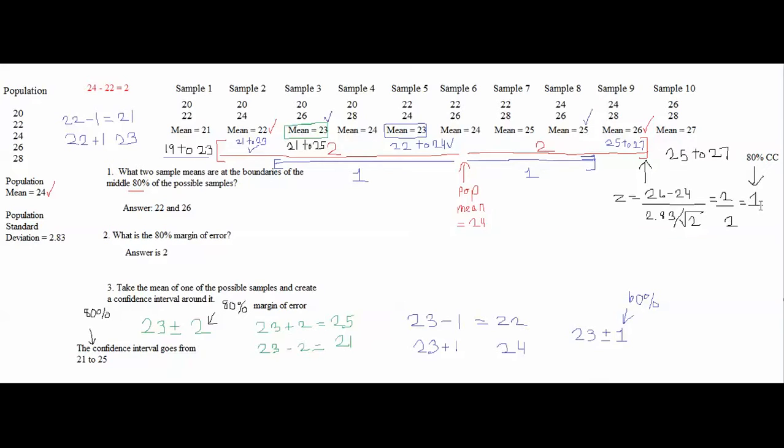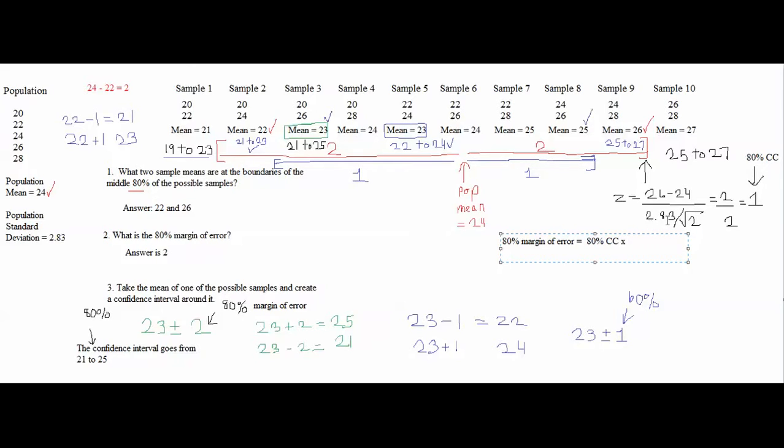How can we take the confidence coefficient and get the margin of error? It turns out that you can get the 80% margin of error by multiplying the 80% confidence coefficient by the bottom of the z-score that was actually used to calculate this formula.